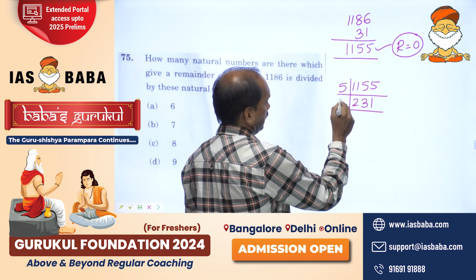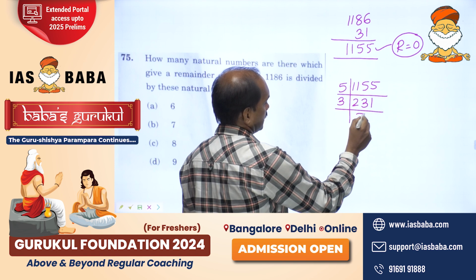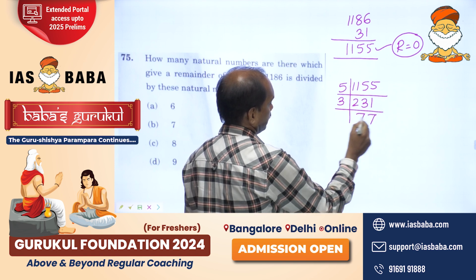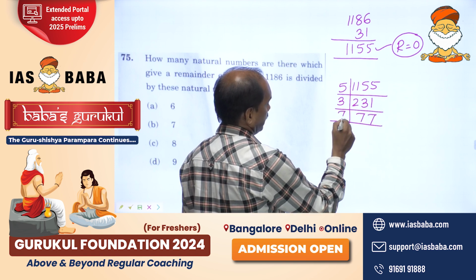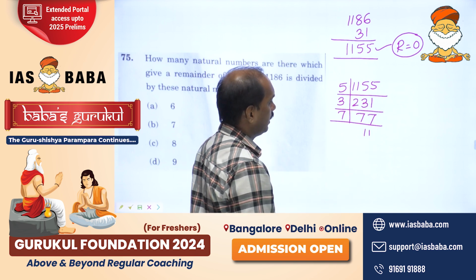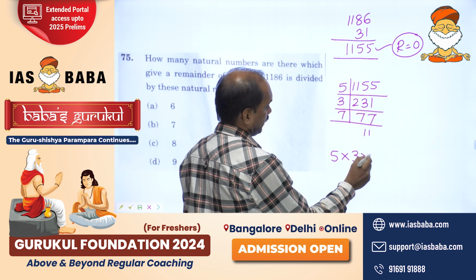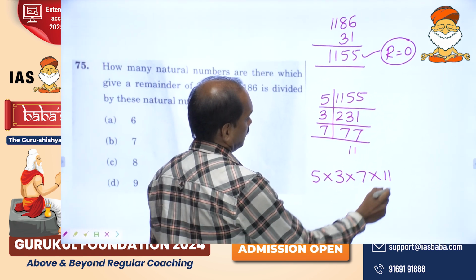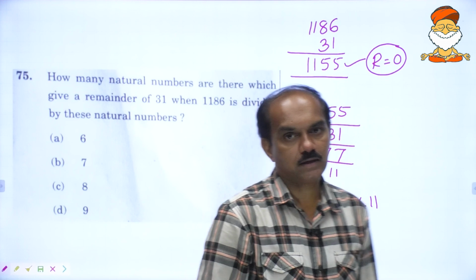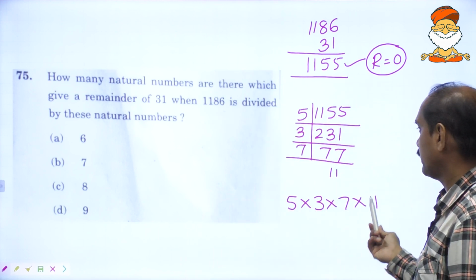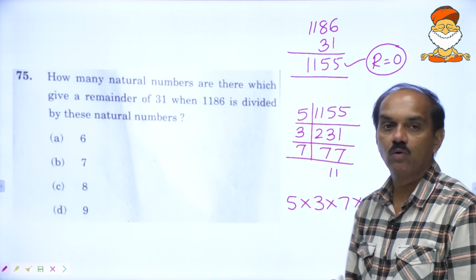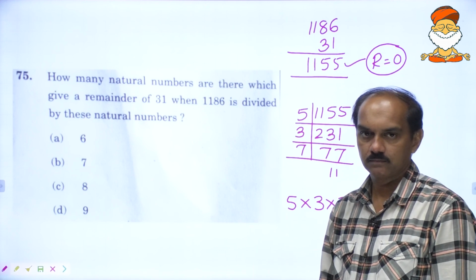Now you can start with 3, 3 7s are 21. Now you can start with 7, 7 11s are 77. Meaning all these are the factors. What do you mean factors? Factors meaning these are the numbers that can divide 1155 completely.